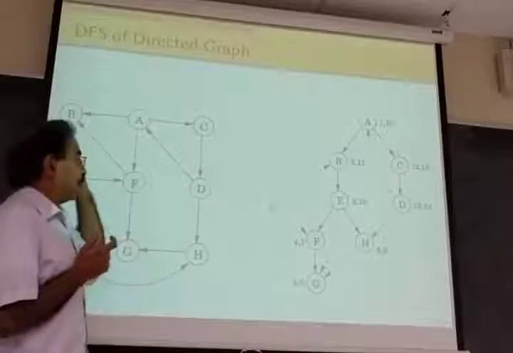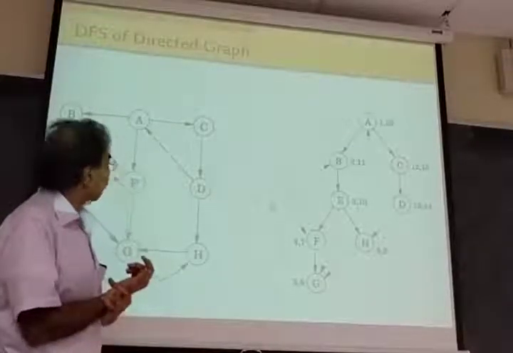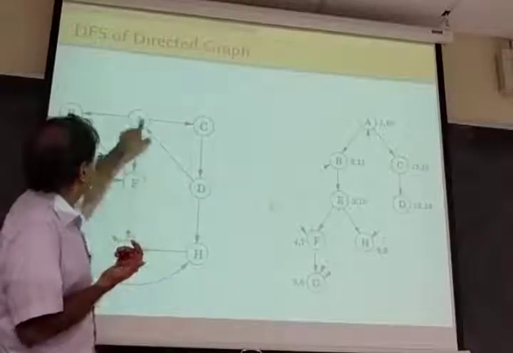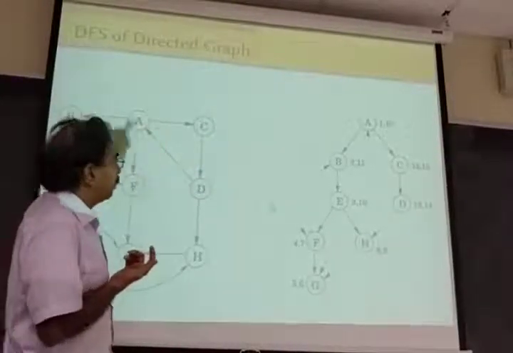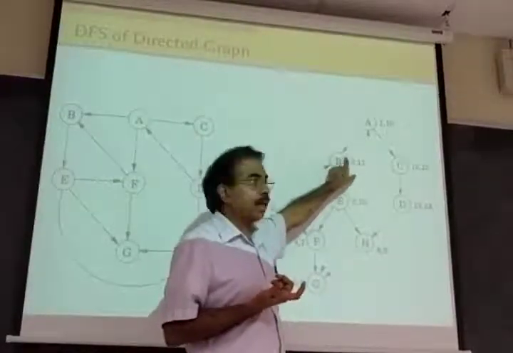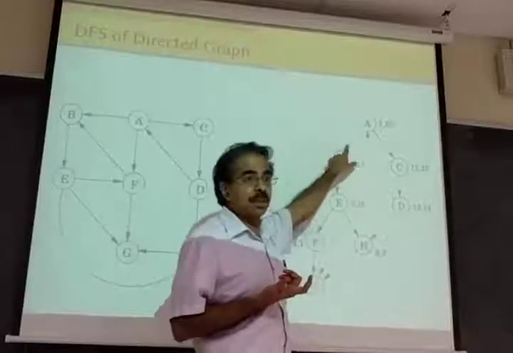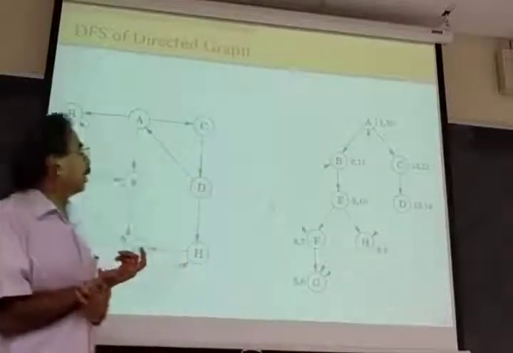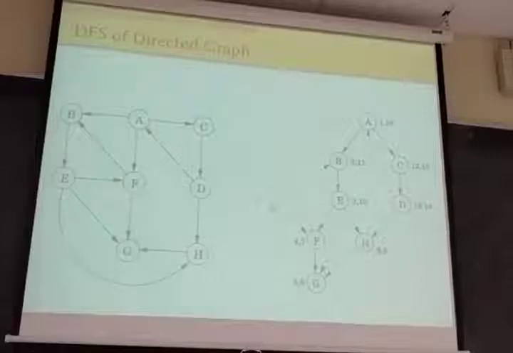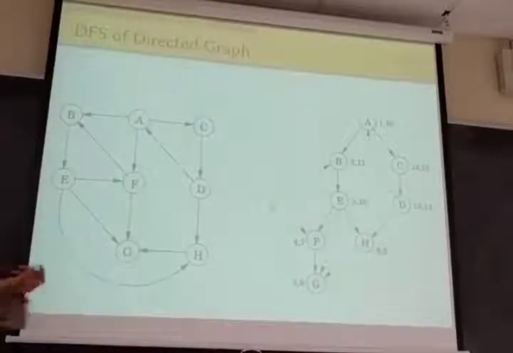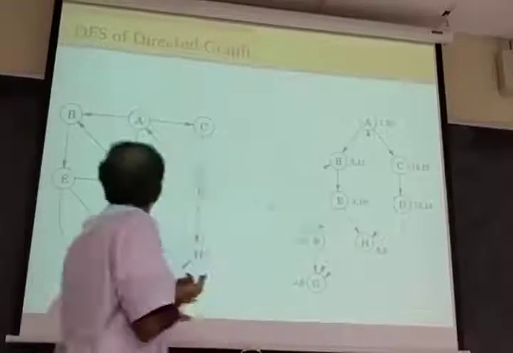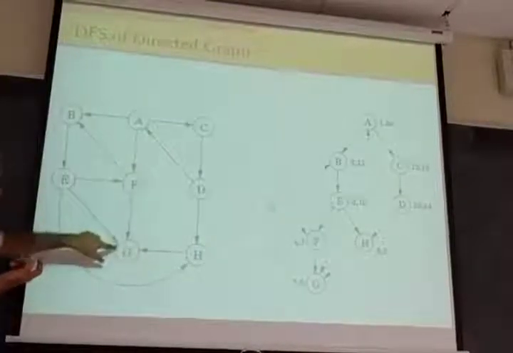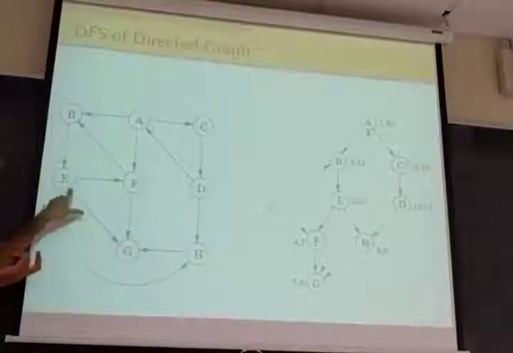So in the case of a directed graph, let's say you start at A, and then you visit its child B. That's, once again, called a tree edge, because you're seeing a vertex B which has not been explored yet. And from B, it has its child E, and E has 2 edges, in fact 3 edges.